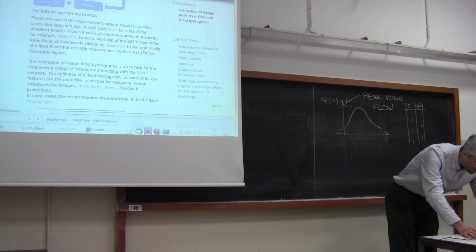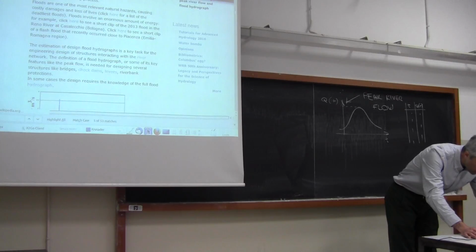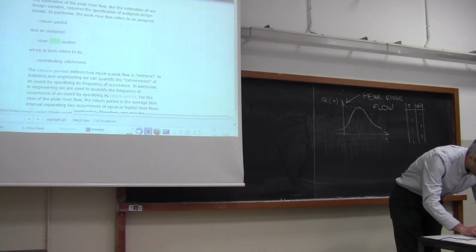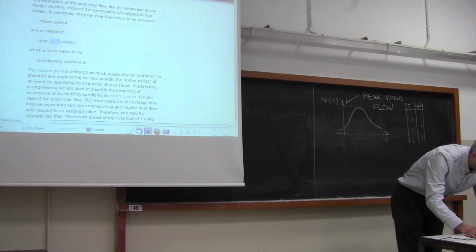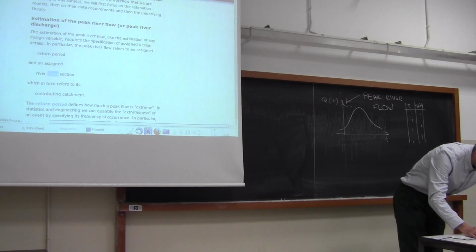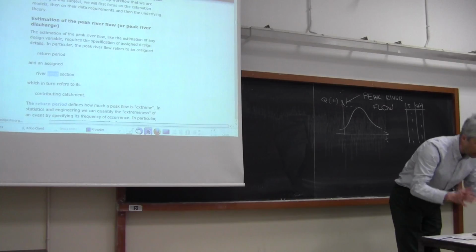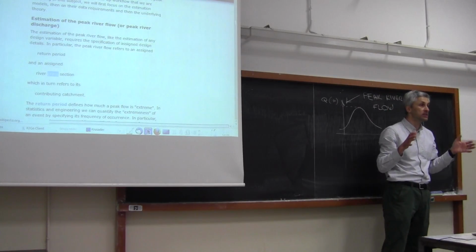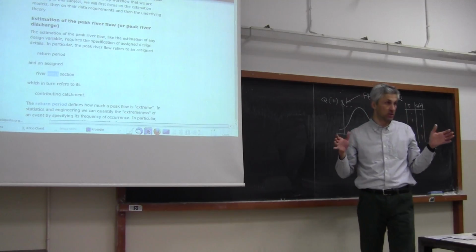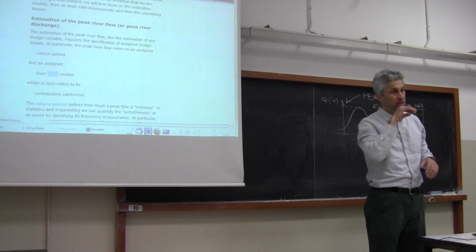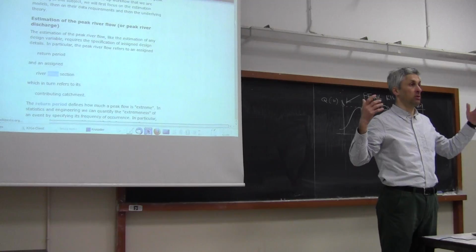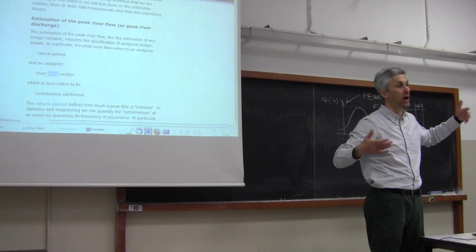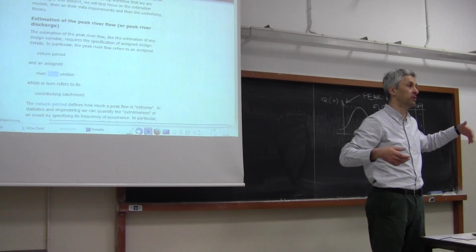Now let me turn to the definition of river cross-section, because it is written here. The estimation of the peak river flow, like the estimation of any design variables, needs some specifications. If you want to estimate, for instance, the design variable to design a roof, you need to know the expected snow height that may fall over the roof.